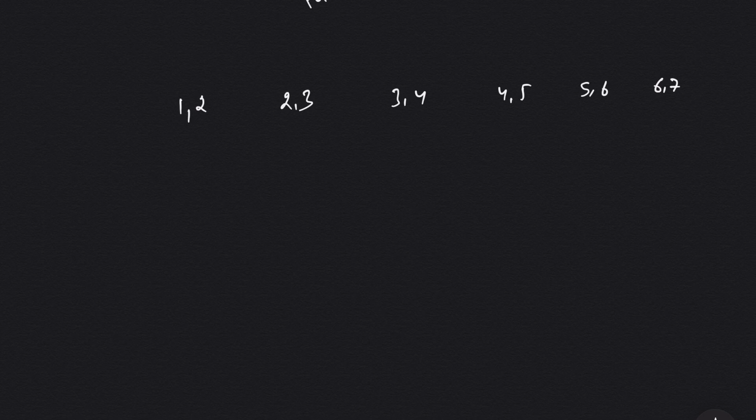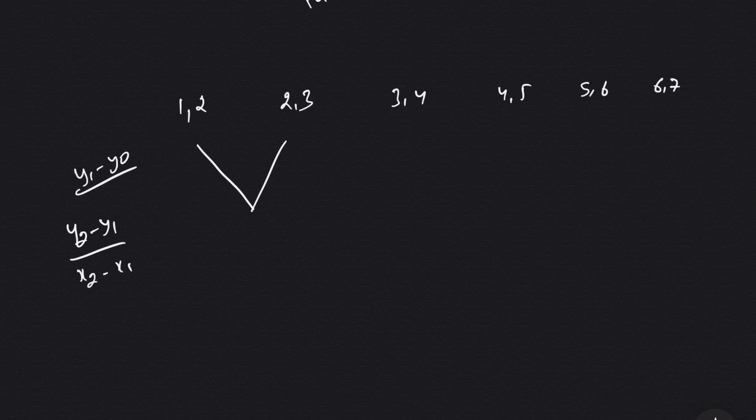If I take the first example, the first coordinate was 1 2, the second was 2 3, then 3 4, 4 5, 5 6, and 6 7. If I take the slope of these two, that is going to be y2 minus y1 over x2 minus x1, or you can say y1 minus y0 over x1 minus x0.